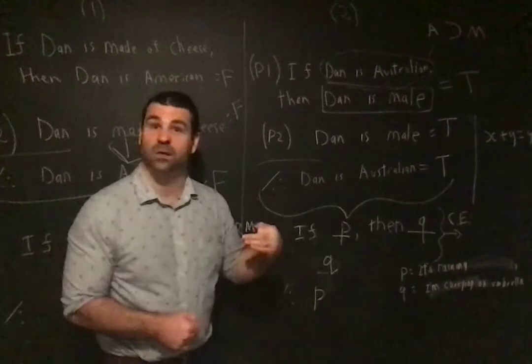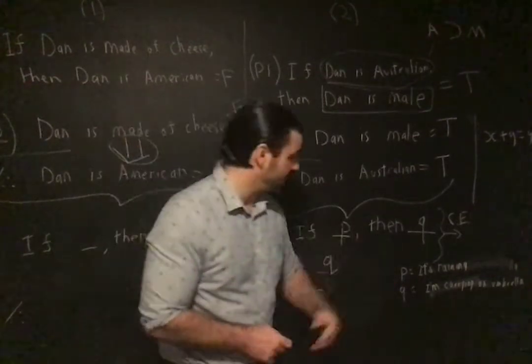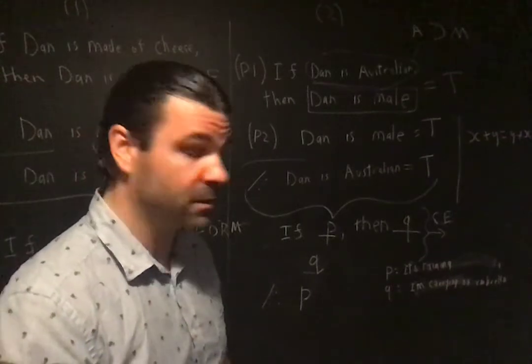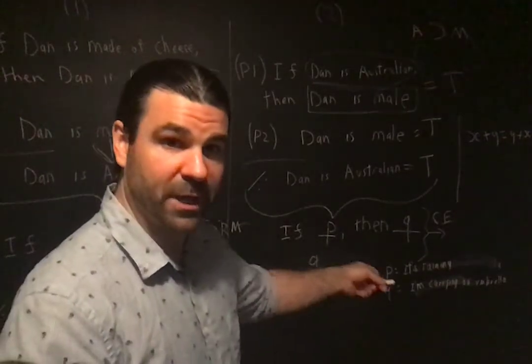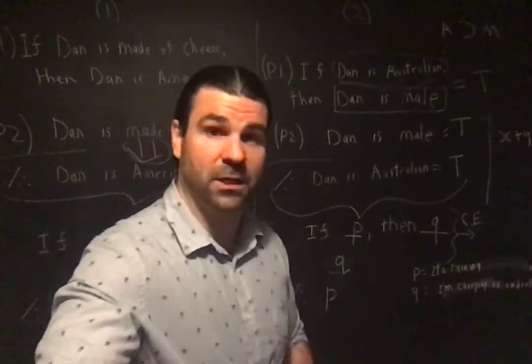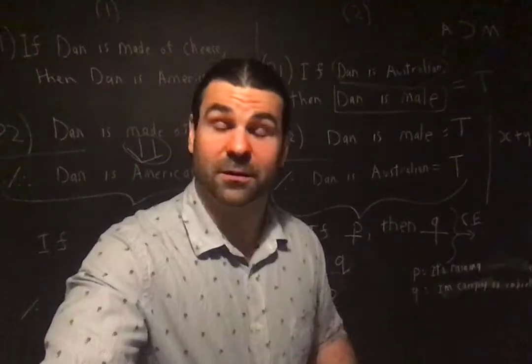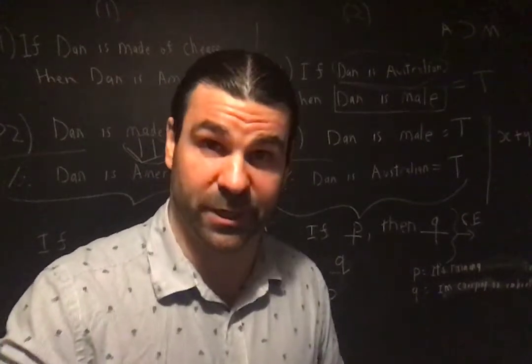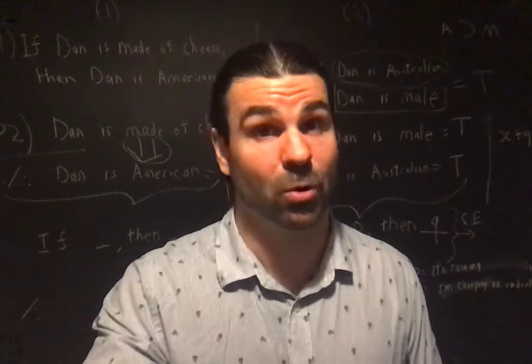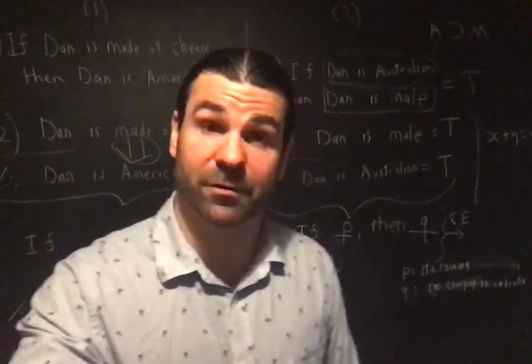Okay, so here, let's substitute for P the particular sentence "it's raining," and for Q, "I'm carrying an umbrella." And have it be that I'm a freak and I carry an umbrella every day, whether it's raining or whether it's sunny, and have it be sunny.